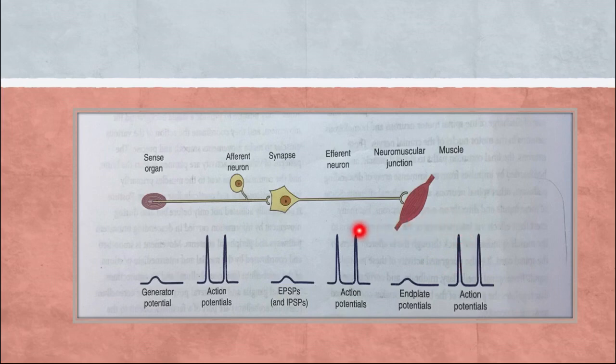So, we can say this connection between the afferent neuron and efferent neuron within the central nervous system is forming the reflex arc. Activity in this reflex arc is modified by multiple inputs that are converging on the efferent neuron.